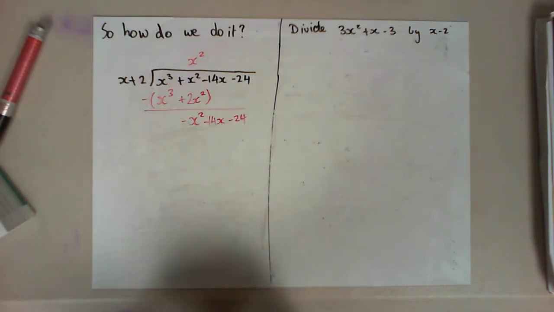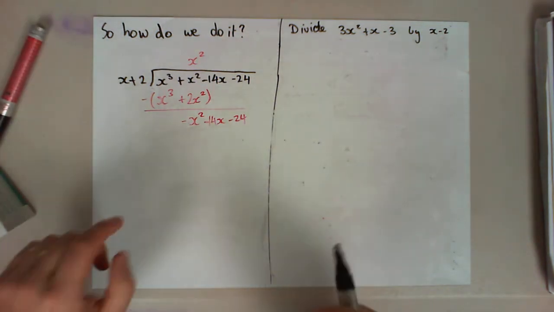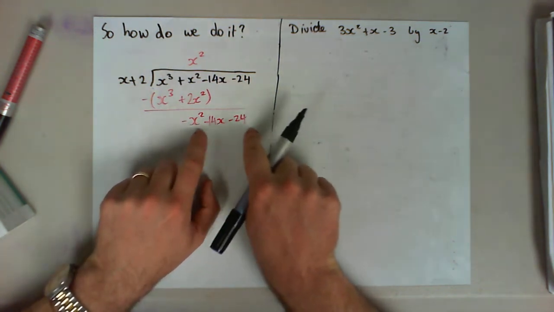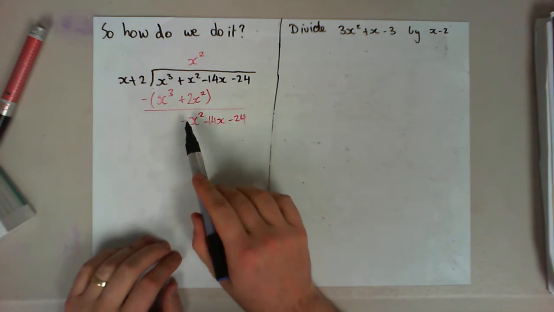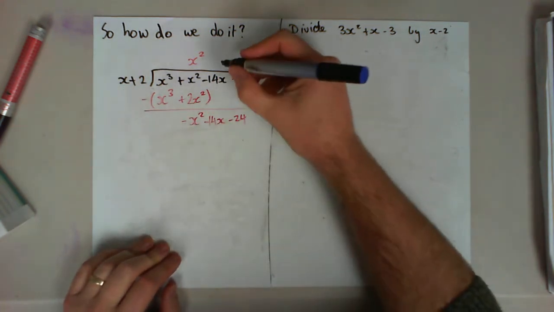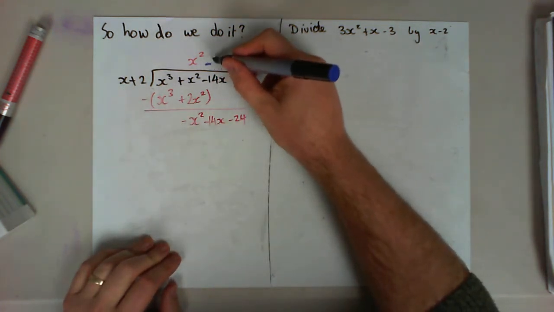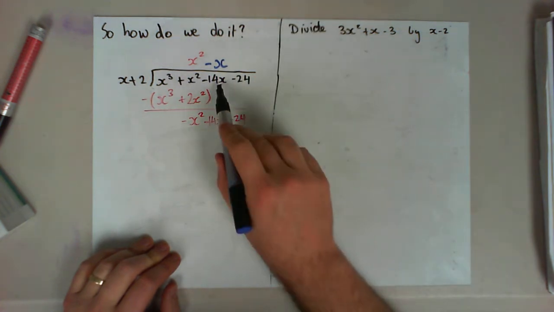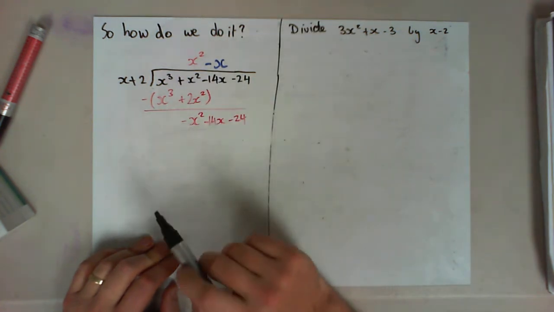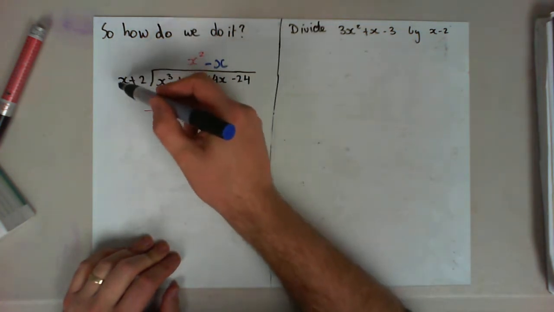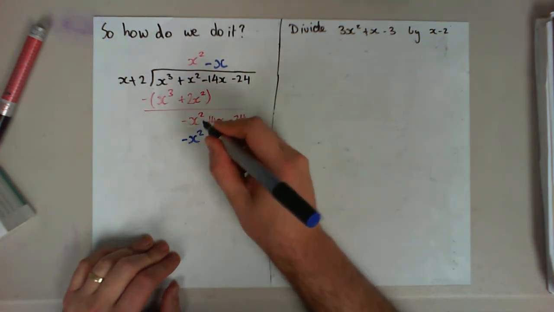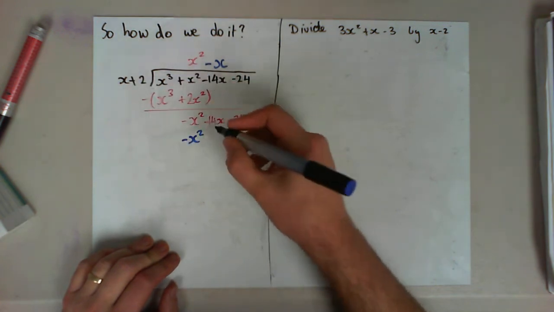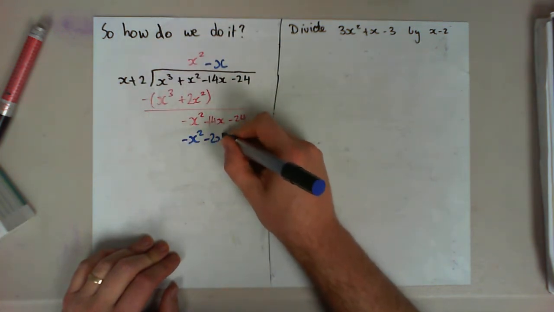Now the idea is we start all over again. This is what we're working with now. This is our dividend. So negative x squared divided by x will leave us with negative x, and again I'm putting it up above in the same spot. Multiply back through. Negative x times x will give us negative x squared. Negative x times 2 will give us negative 2x.